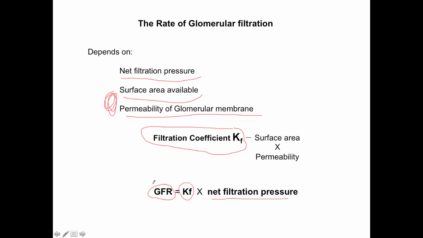Now this is very important to keep in mind because GFR is so important: it is the first step in the production of urine. So anything that causes GFR to go up or down is going to affect the rate of urine production. Since GFR is so dependent on capillary blood pressure, the control of GFR is also greatly influenced by capillary blood pressure.